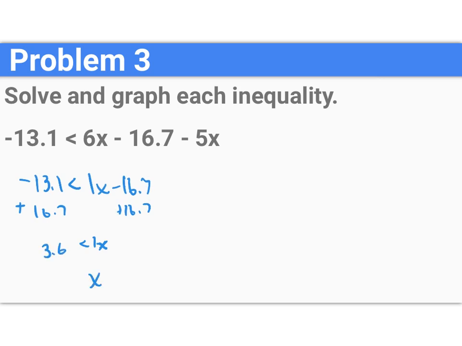Flip everything around. X is bigger than 3.6. 0. 3.6 is closer to 4. Open circle. And everything bigger than, but not including, 3.6.